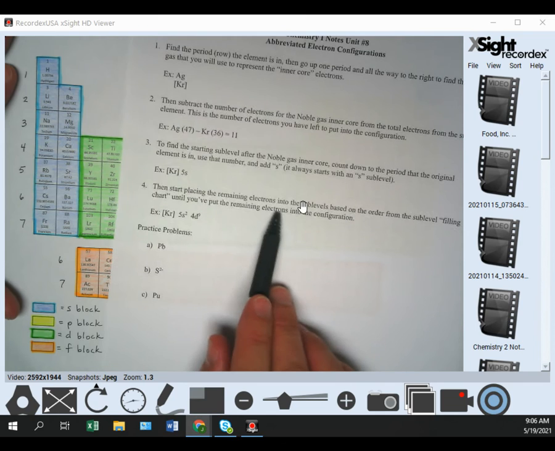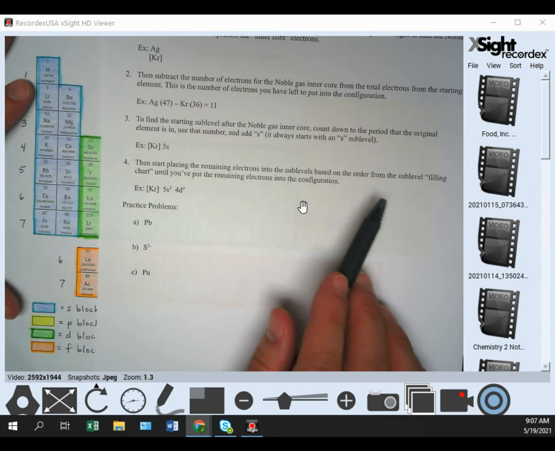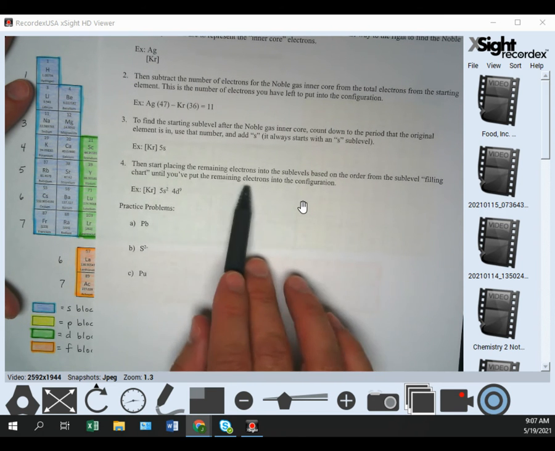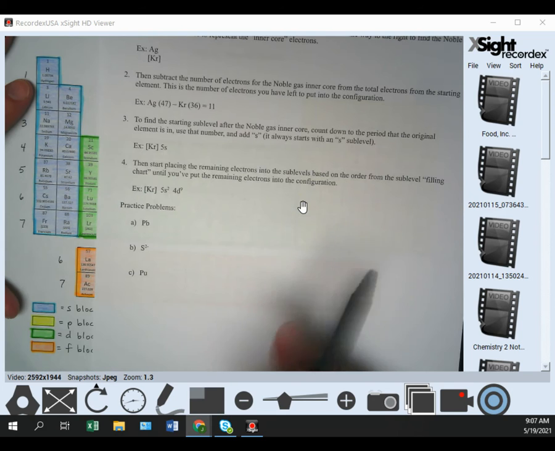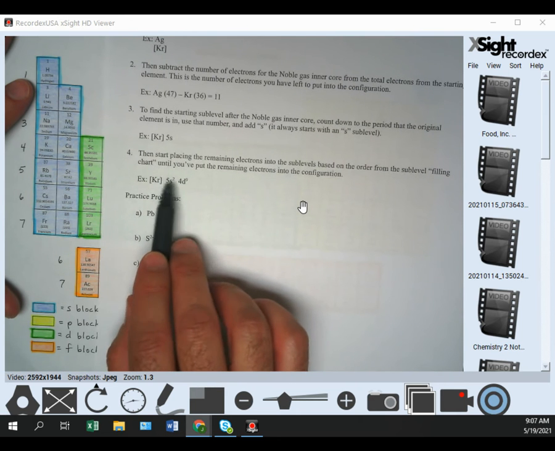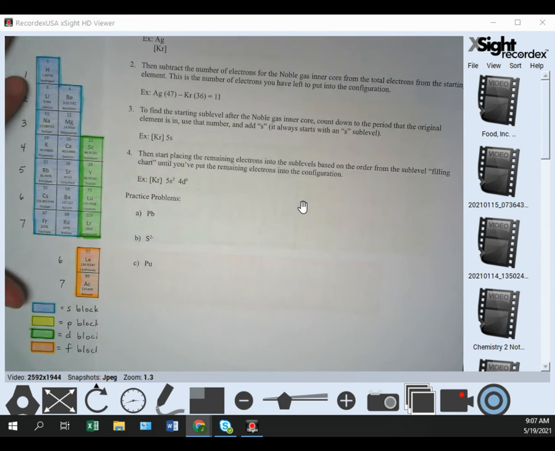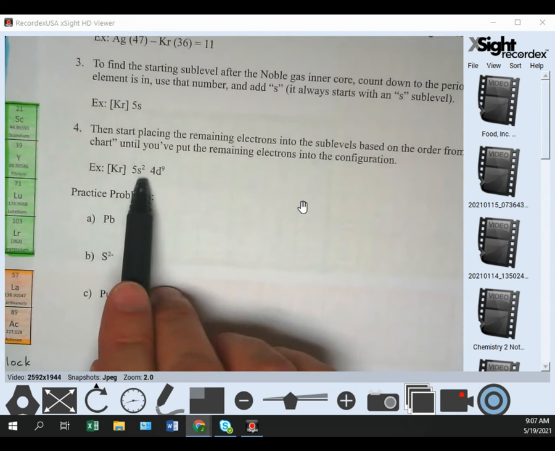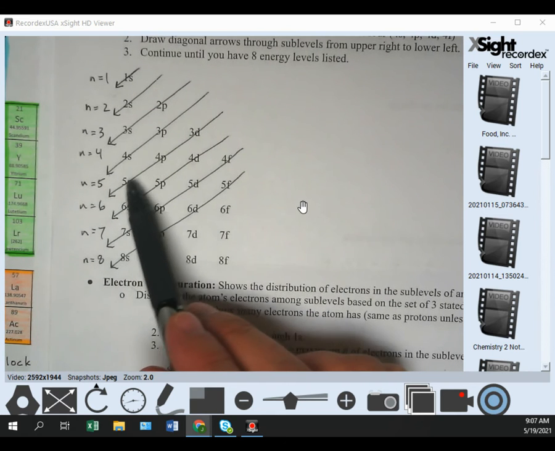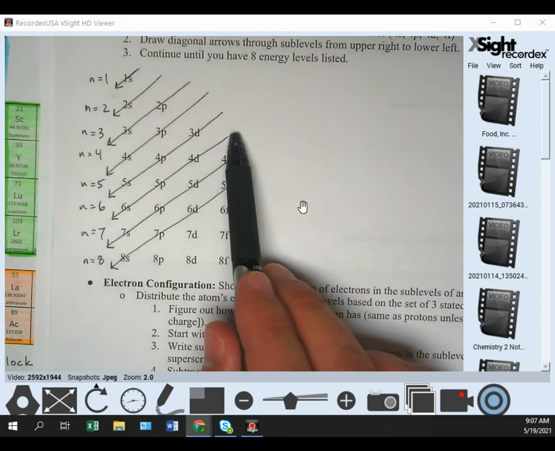Then we start placing the electrons into the sublevels based on the order from the filling chart, until we put the remaining electrons into the configuration. We had 11. We put 2 into 5s because s can hold 2. After 5s, we hit the head of the arrow, so we go to the tail of the next one.